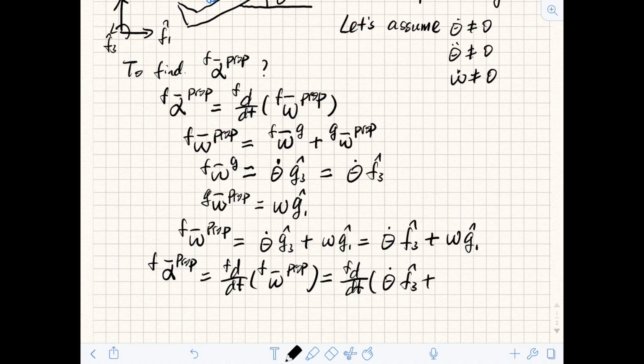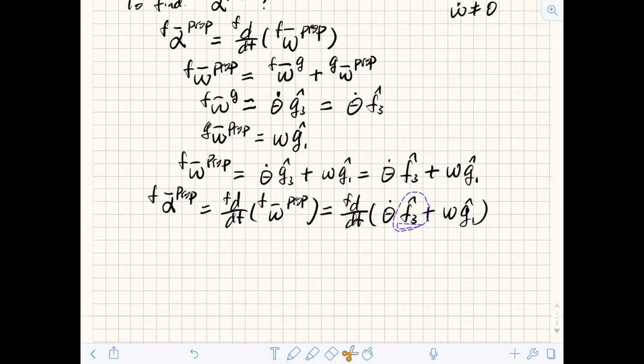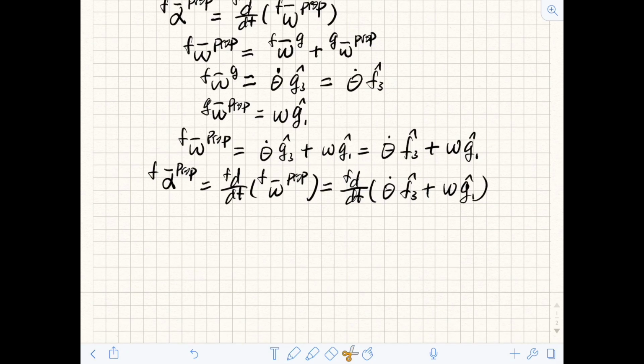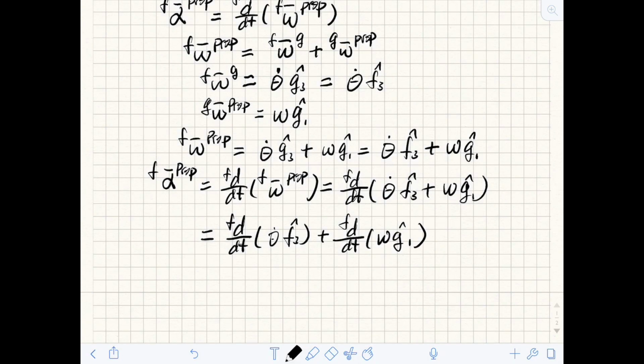For here, I will choose theta dot F3 plus omega G1 simply because we're taking the derivative in the F frame, and having the vector expressed in the F frame simplifies the derivative. So now we have the derivative expressed in two different reference frames. So we will split the derivative and apply BKE as necessary.